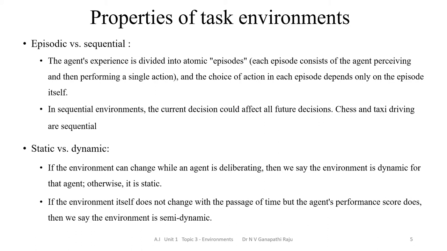For examples, taxi driving is dynamic. Chess when playing with a clock is semi-dynamic. Crossword puzzles are static. If the environment itself doesn't change with the passage of time, but the agent's performance score does, then we can say that the environment is semi-dynamic.